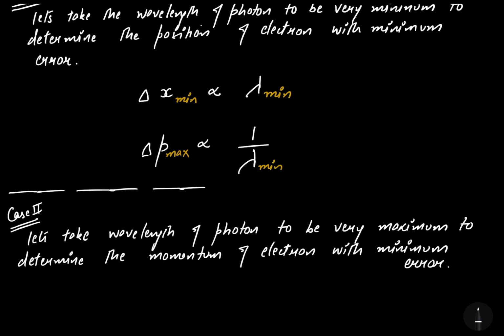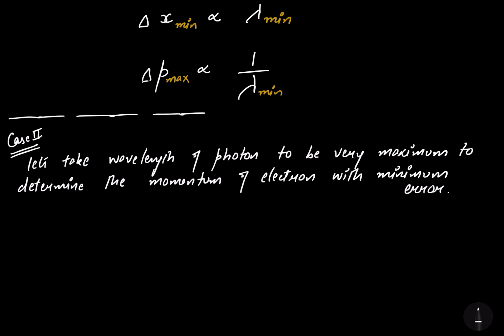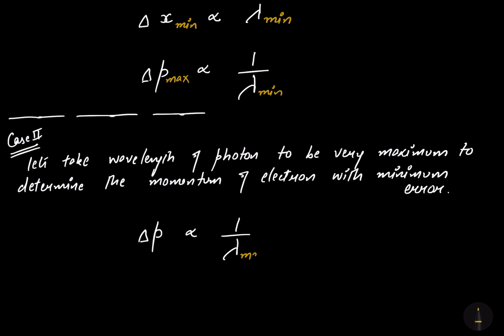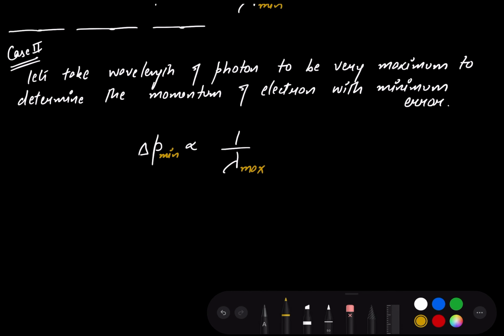So we are taking the wavelength of the photon to be very maximum to determine the momentum of the electron with a minimum error. That means, first of all, we know that the change in momentum is inversely proportional to the wavelength. If we are taking the wavelength to be the very maximum value, because of inverse proportionality, the change in momentum will be the minimum. So on the other hand, what will happen?